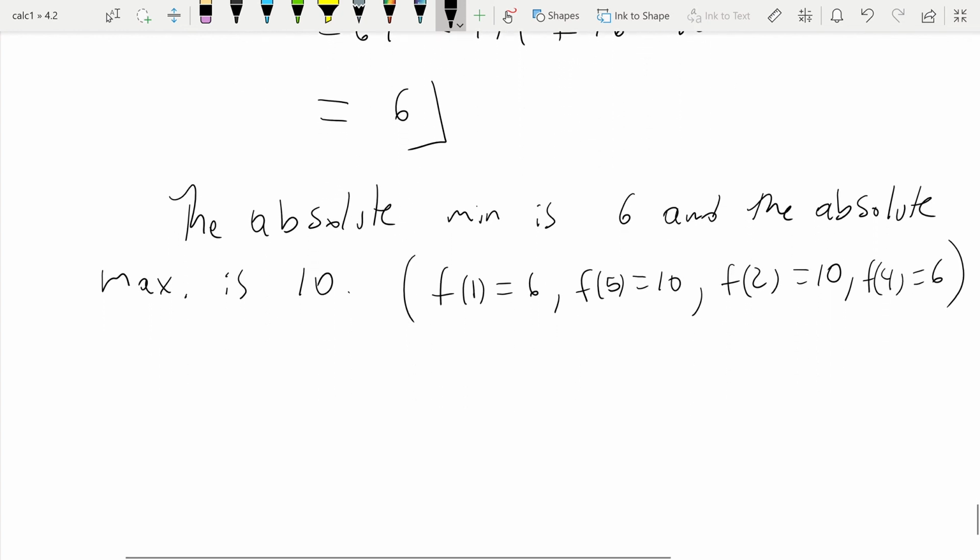So the absolute min and the absolute max are both achieved at the endpoints and also in the interior. 1 and 5 are endpoints, and 2 and 4 are interior points. So it's attained at the endpoints, which is one of the things that could happen, and it's also attained at points for which the derivative vanishes, so critical points.